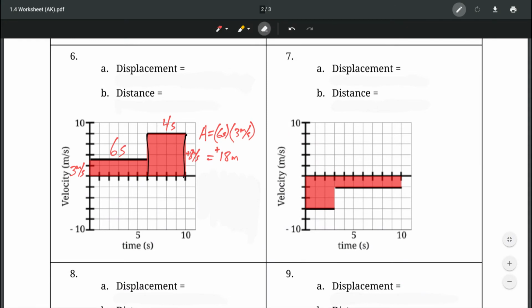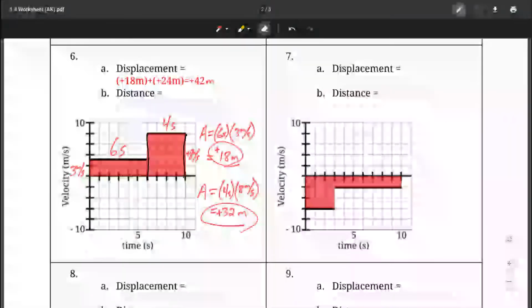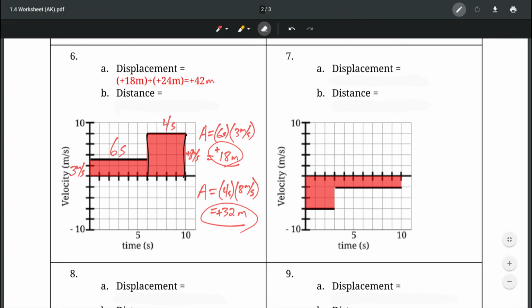And so when we multiply those together, we get a product of positive 32 meters. And so our total displacement will be the displacement for the first 6 seconds plus the displacement of the second 4 seconds, which gets us a total of a positive 42 meters. Our distance is going to be the absolute value of each of these sections separately and then combined. But because this object didn't change direction, our distance is the same magnitude as our displacement. So the absolute value is 42 meters for distance.